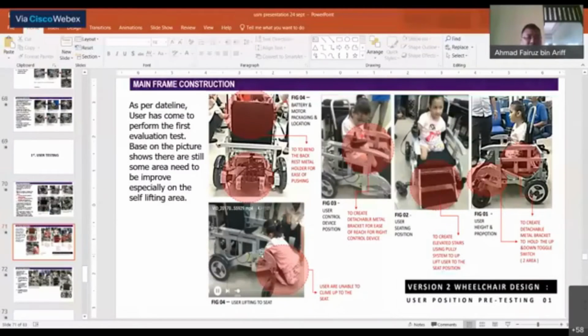So this is the area we need to change. At first we designed it as stairs, but the user cannot climb due to the defect that they have.